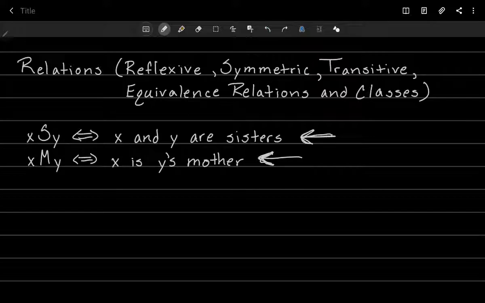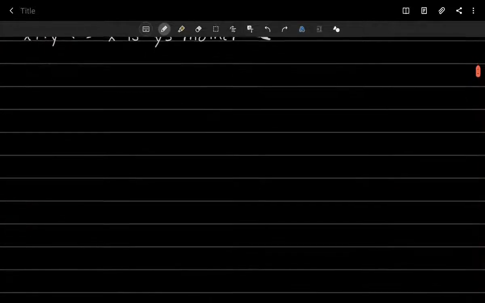Okay, so this is the intuitive idea of relations. Now with math, typically, we're going to use numbers or mathematical objects. We're not going to use people and relationships. So let's get a technical definition and some mathematical examples of relations.